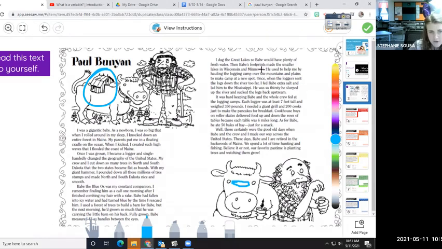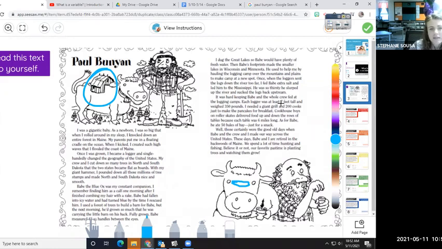That didn't happen either. He used to help me by hauling the logging camp over the mountains and plains to make camp at a new spot. Once, when the loggers set down the logs to the river too far, I fed Babe extra salt and led him to the Mississippi. He was so thirsty, he slurped up the river and sucked the logs back upstream. That didn't happen either. It was hard keeping Babe and the whole crew fed at the logging camps.